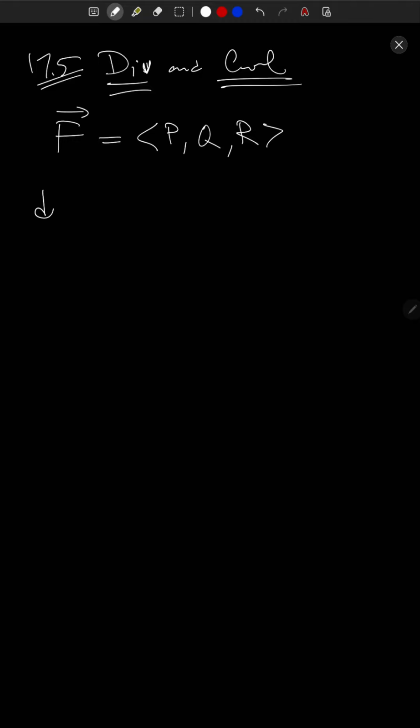So divergence of F. This is going to be a completely natural extension of the divergence in 2 dimensions. It's just going to be dP/dx, the first one dx, second one dy, dQ/dy, third one dz.